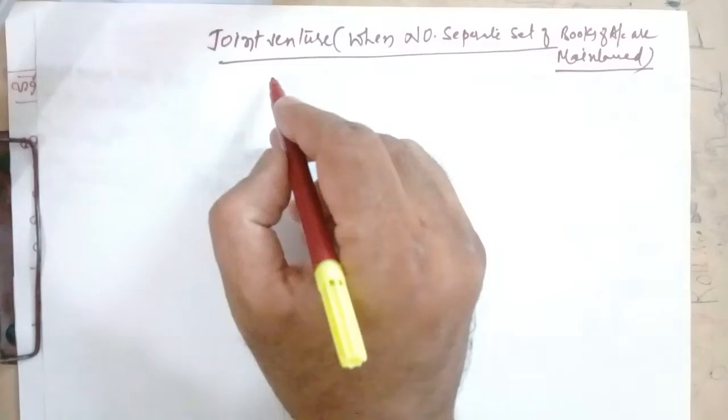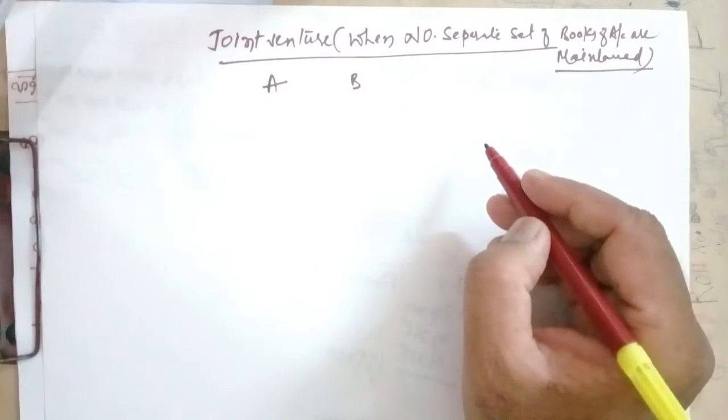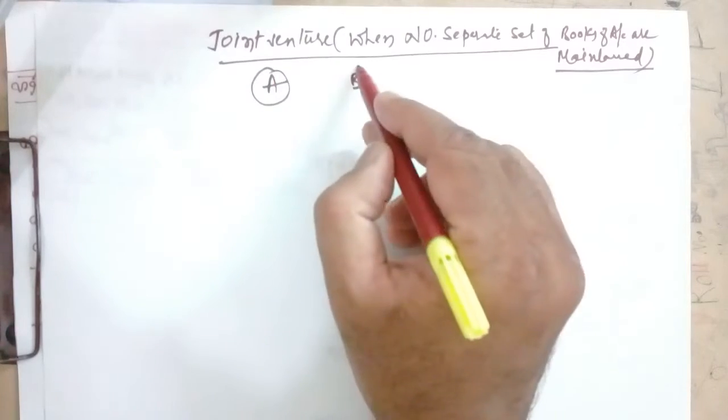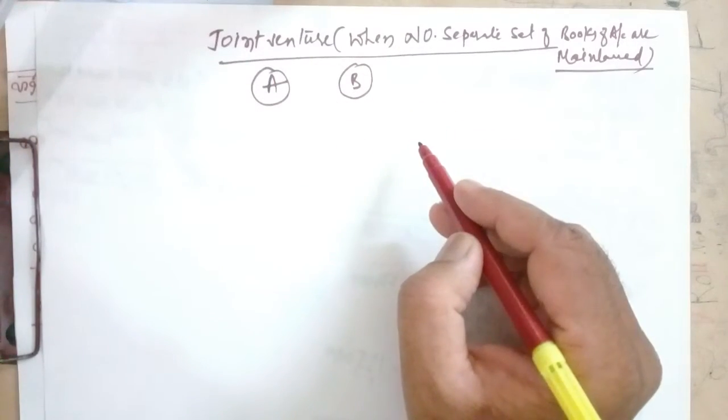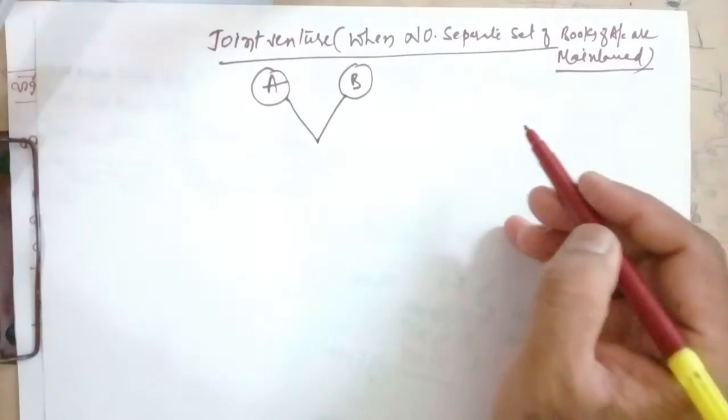Suppose A and B, two people, are doing a joint venture. They are co-venturers, and they are presumed to be doing the joint venture collectively.